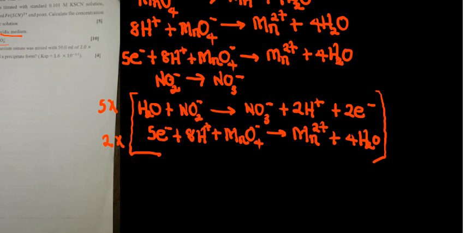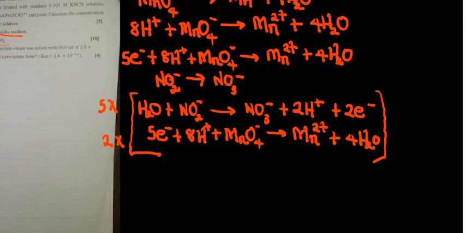Because when I multiply 5 throughout, I'm going to have 10 electrons here. And when I multiply 2 throughout this half reaction, I'm going to have 10 electrons. So I'm going to have equal number of electrons for the first and second half reactions, and then I can add them up so that I can get rid of those electrons and come up with one overall reaction.